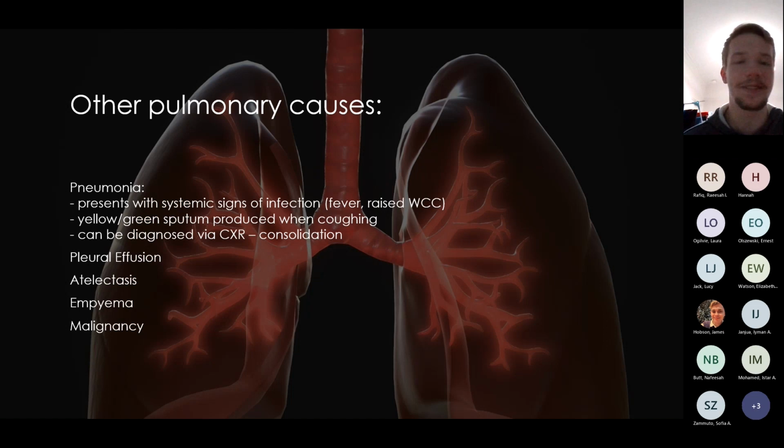So just a few quick things on that. If it was pneumonia, they'd often be presenting with signs of infection. So they'd come in with fever. They'd probably have a raised white cell count on the bloods. They'd be complaining of a cough, which would normally be productive with yellow or green sputum.